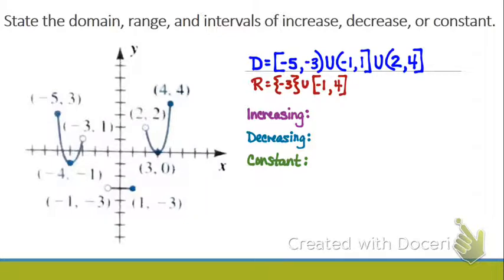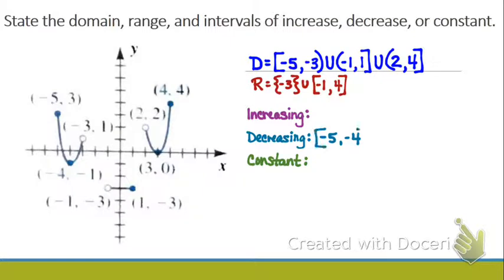Down. At -5, all the way until where I'm going down? -4. So I should put that for which piece here? Decreasing. From -5 to -4, we're decreasing.